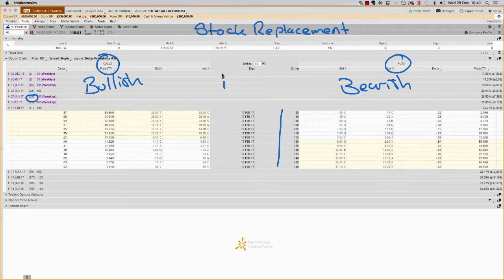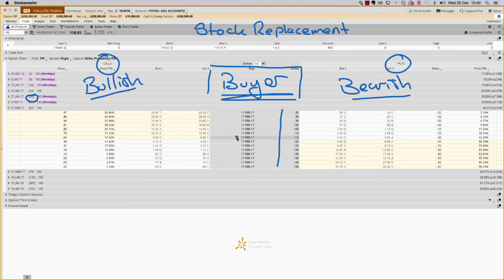In both cases, you would be a buyer. We'll look at other strategies in later videos, but essentially this is what we're doing.